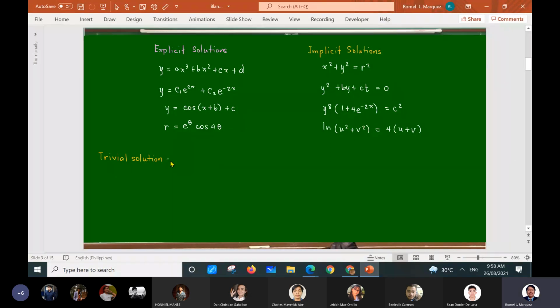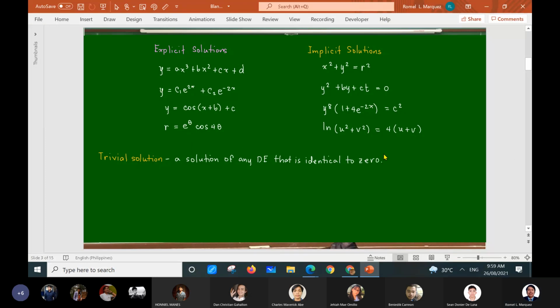So a trivial solution is a solution of any differential equation that is identically equal to 0. Okay?